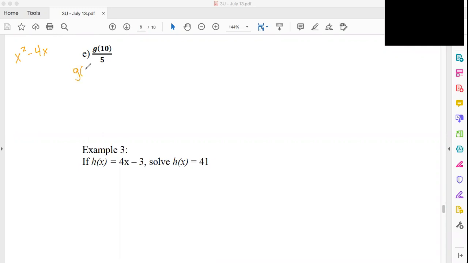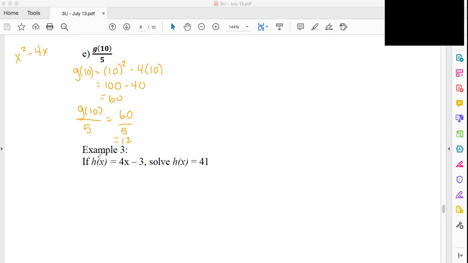So g of 10 is equal to 10 squared minus 4 times 10, which is 100 minus 40, which is 60. Okay, and then g of 10 divided by 5 is going to be equal to 60 divided by 5, which gives us 12. Okay.